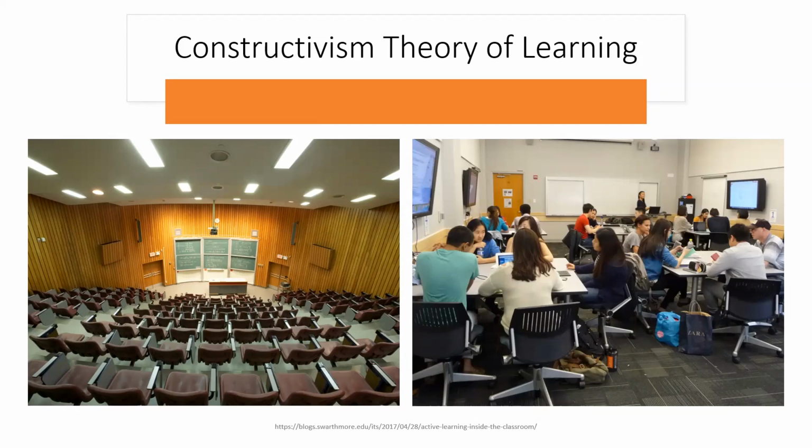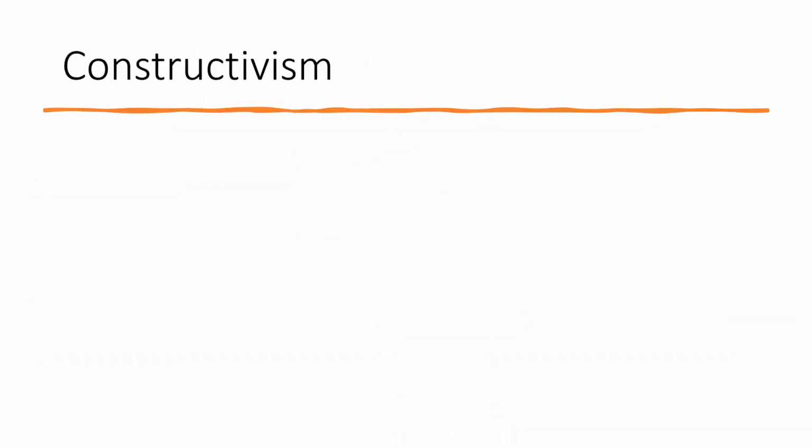Rather than being passive recipients of information, learners are seen as active participants in the learning process. There are several different types of constructivism, social constructivism, cognitive constructivism, and radical constructivism, but all have a similar foundation and approach of active learning in the classroom, where the student takes an active role in their learning.